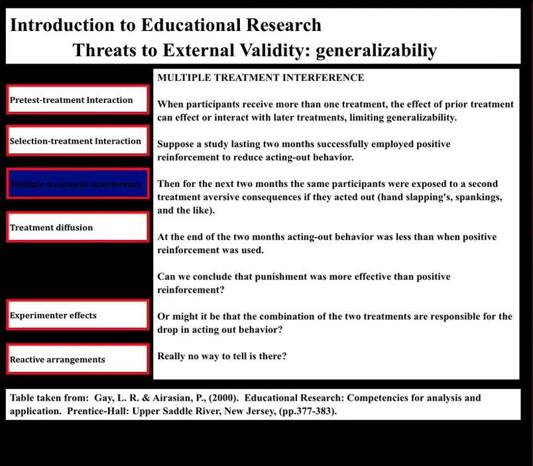So the question is, can we conclude that the punishment, the adverse consequences, was more effective than positive reinforcement?